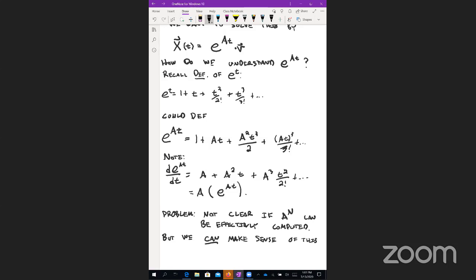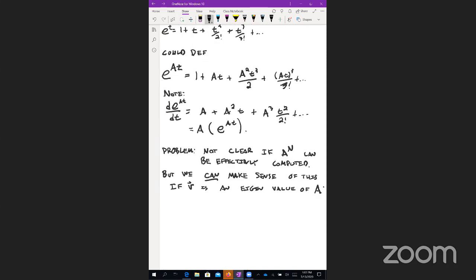So certainly, as far as giving a formula, if v is an eigenvector of A, then the formula suddenly becomes, e to the at applied to v is an eigenvector.